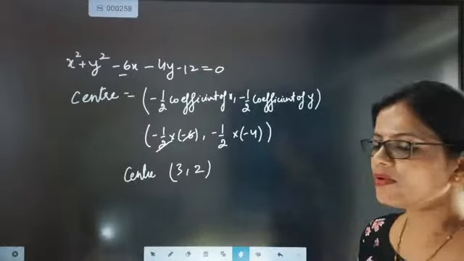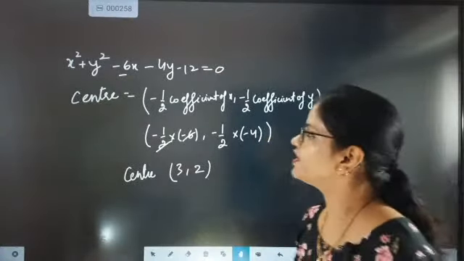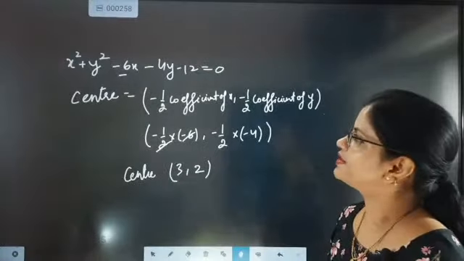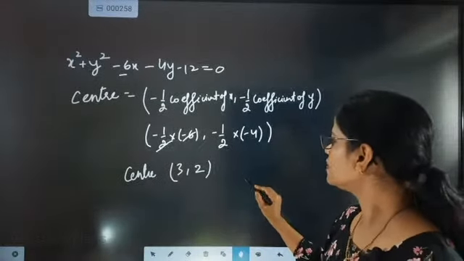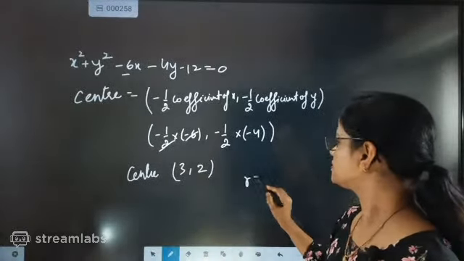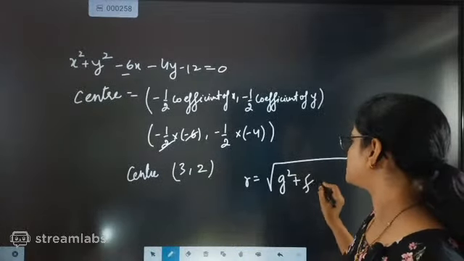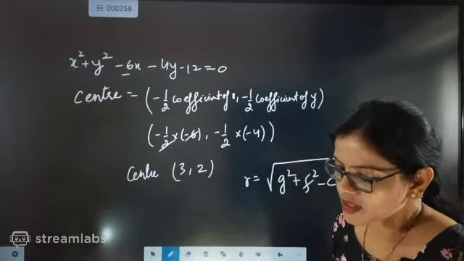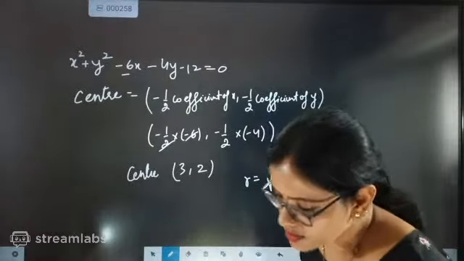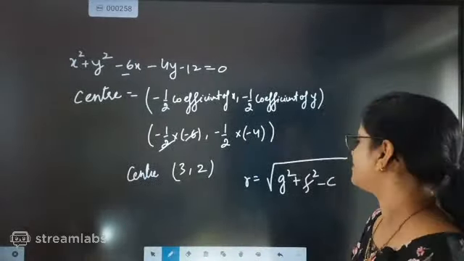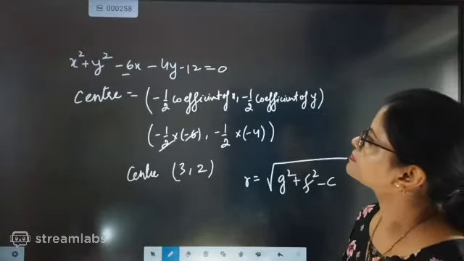Fine. So 3 comma 2 we got. After getting the center, we have to get the radius. What will be the radius? The radius formula is root under g square plus f square minus c. So g is what?